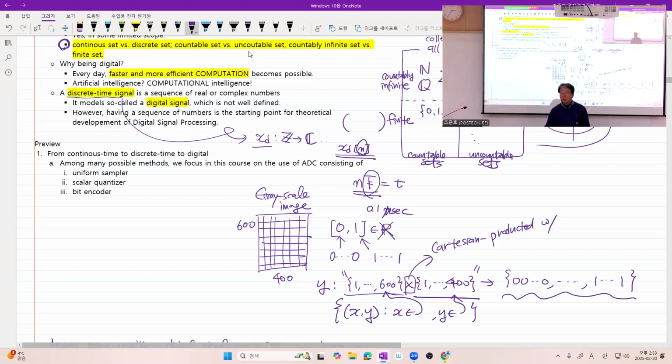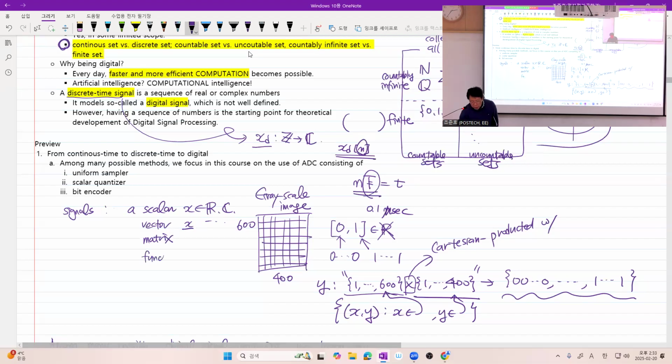So there are many different modeling of real world, or even in electrical engineering. We may use a discrete time signal or continuous time signal. We may use just a single scalar. So as a signal that models real world, electrical engineers use a scalar that could be a real number or a complex number or some member of finite set, and a vector and matrix and a function.